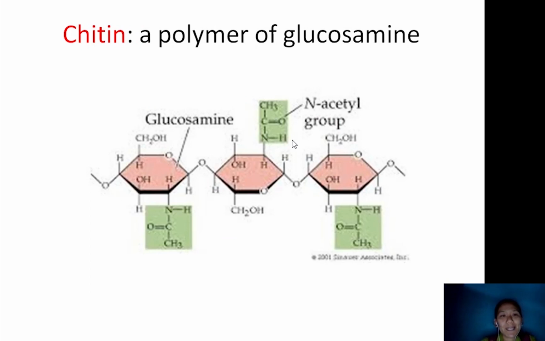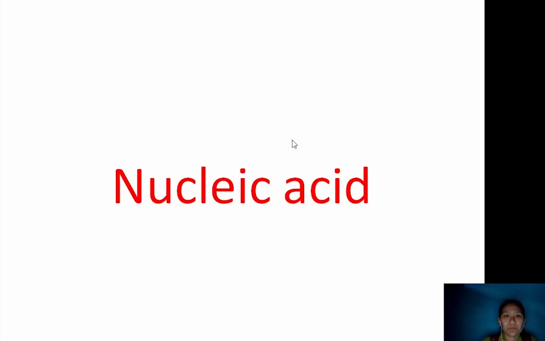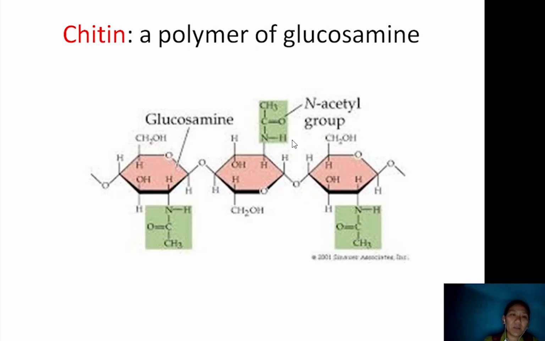So this chitin has an acetyl group, and it forms the tough structure of the exoskeleton of insects and other arthropods. So this is about the polysaccharides. Now there are other polysaccharides where, other than sugar, other chemical components are present, and these are heteropolysaccharides.